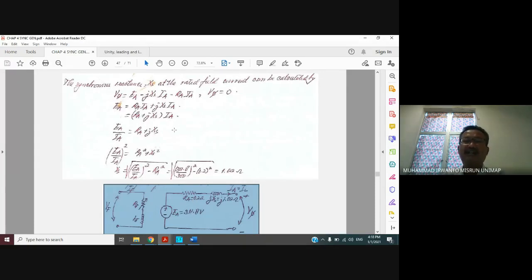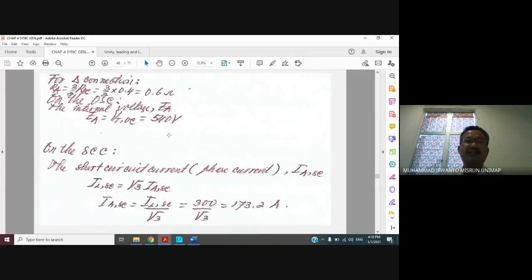For the delta, RA is equal to 3 over 2 RDC. So you have to find the RA value first. RA is equal to 3 over 2 multiplied by RDC. Because RDC is 0.4, the value of RA for the delta connection is 0.6. And then the internal voltage, same like before, EA.